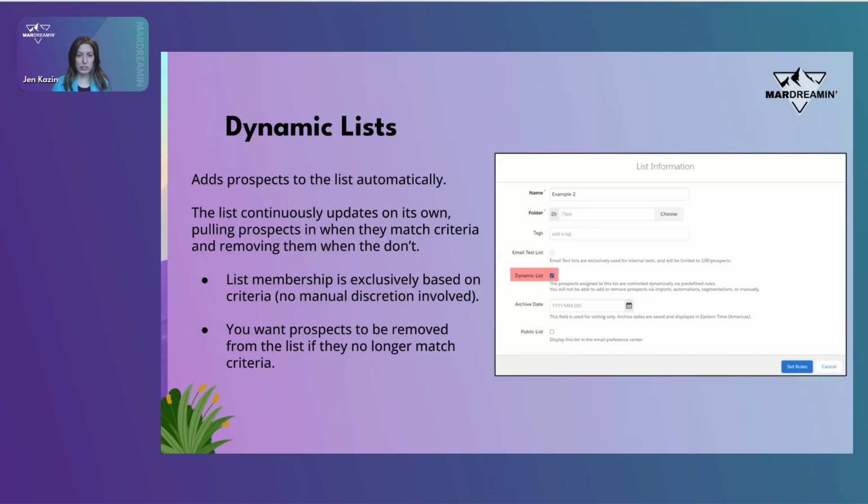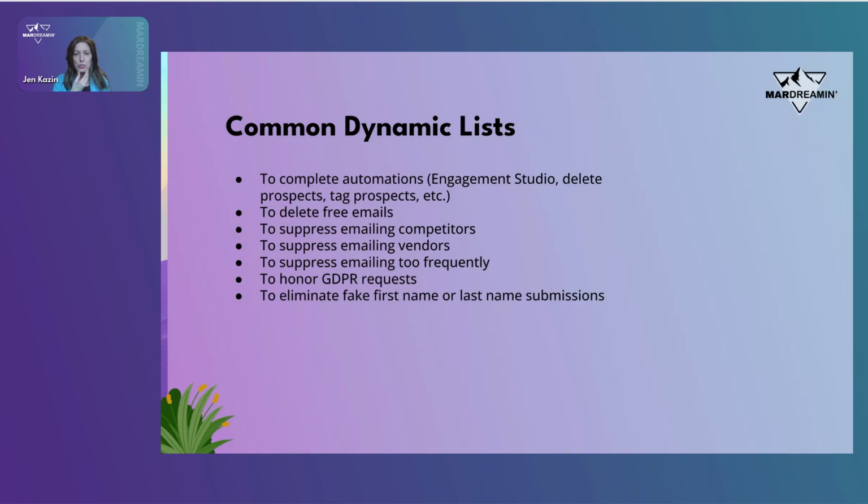And then, of course, there's lots of things you can do with that dynamic list. But that dynamic list runs continuously. So once you create it, it's constantly running, looking for prospects to match the criteria that you specify. Common uses of dynamic lists, it's to complete automations.